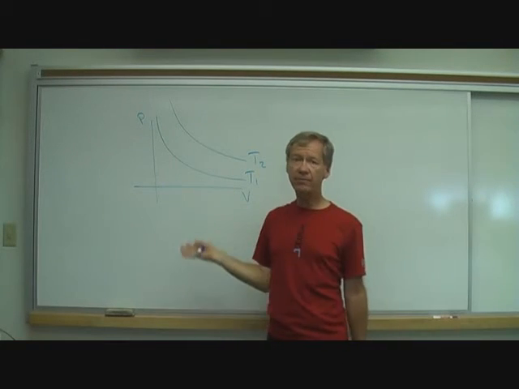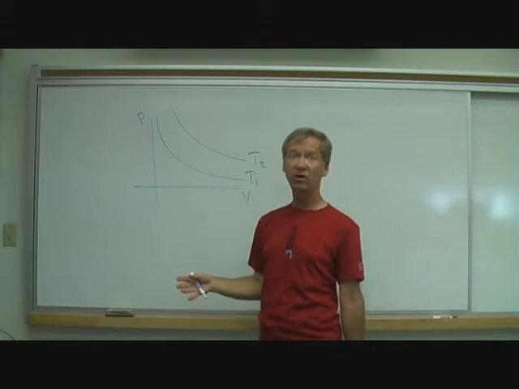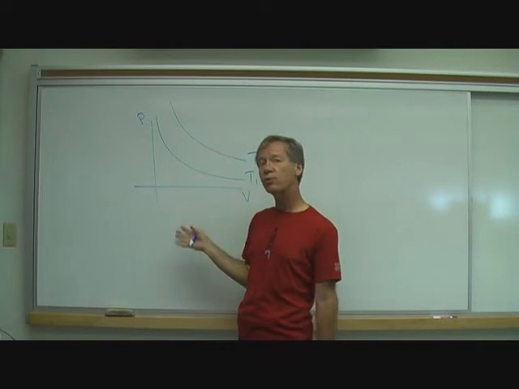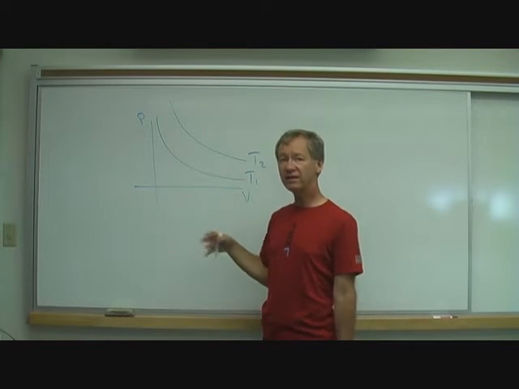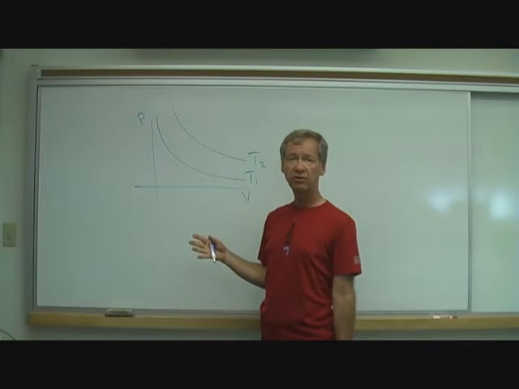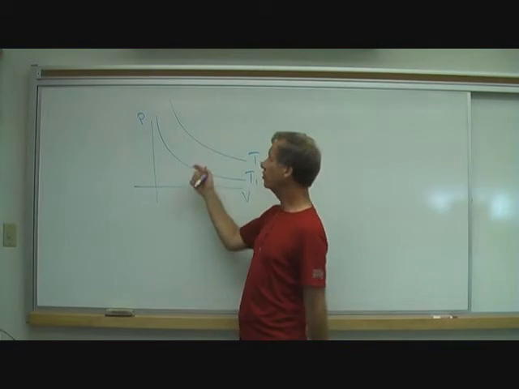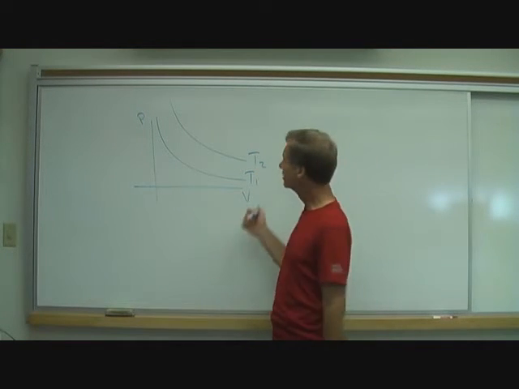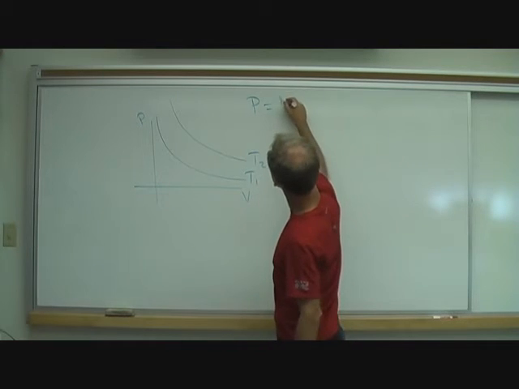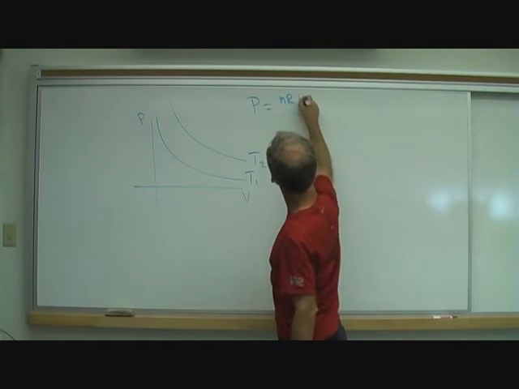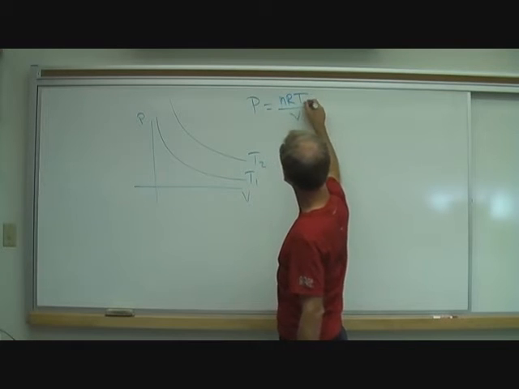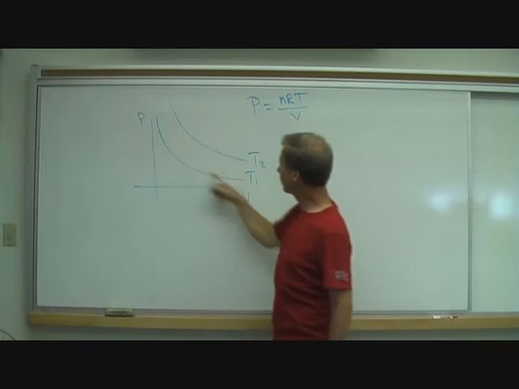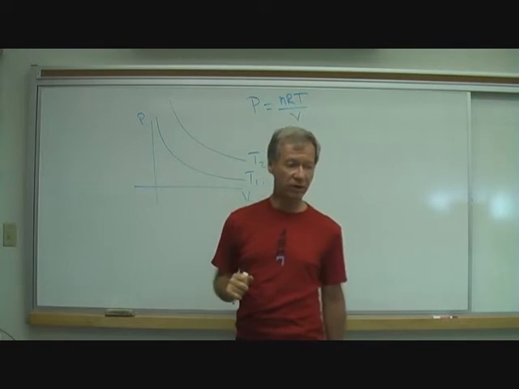And remember, because PV equals nRT, these constant temperature isothermal lines are inverse functions. The pressure goes inverse to the volume for a constant temperature. We'll have P equals nRT divided by V. So if we have a constant temperature, the pressure is varying inversely with volume.